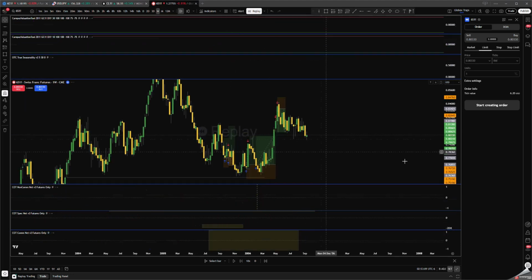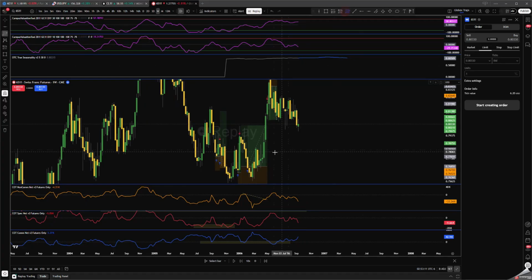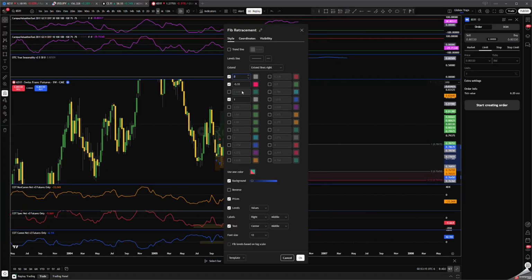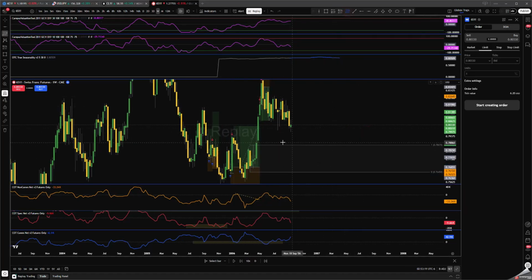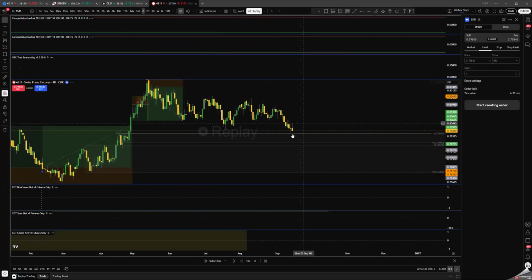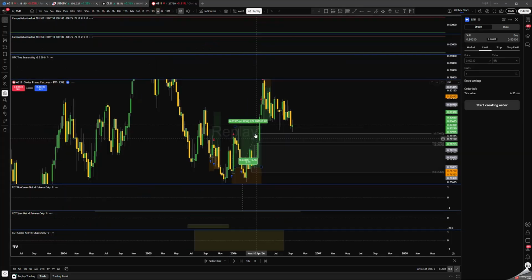This demand area right here is covered by monthly, which is very, very strong. However, there's a wick over wick here, and it's right below this pivot, which means on a lower time frame there's a demand area here, and it's also very strong since it's a flip area.